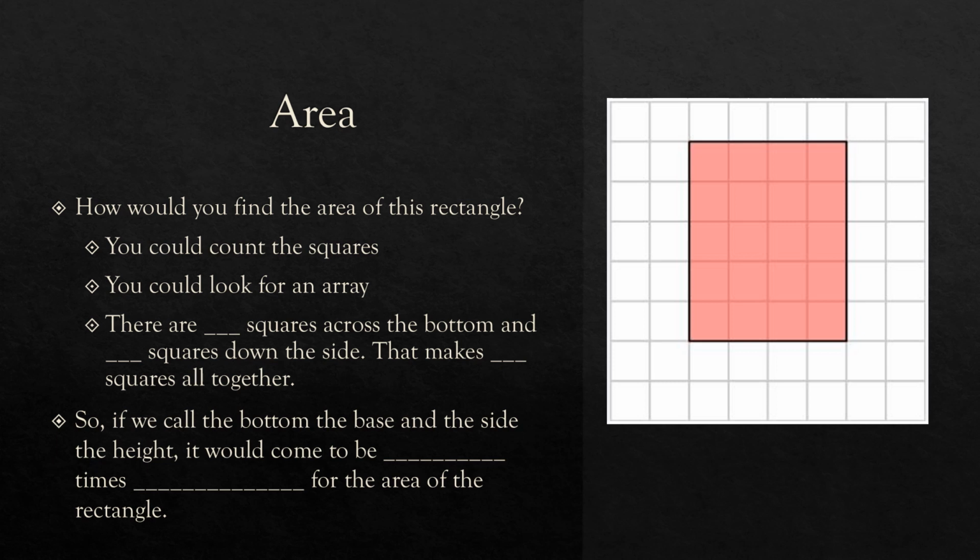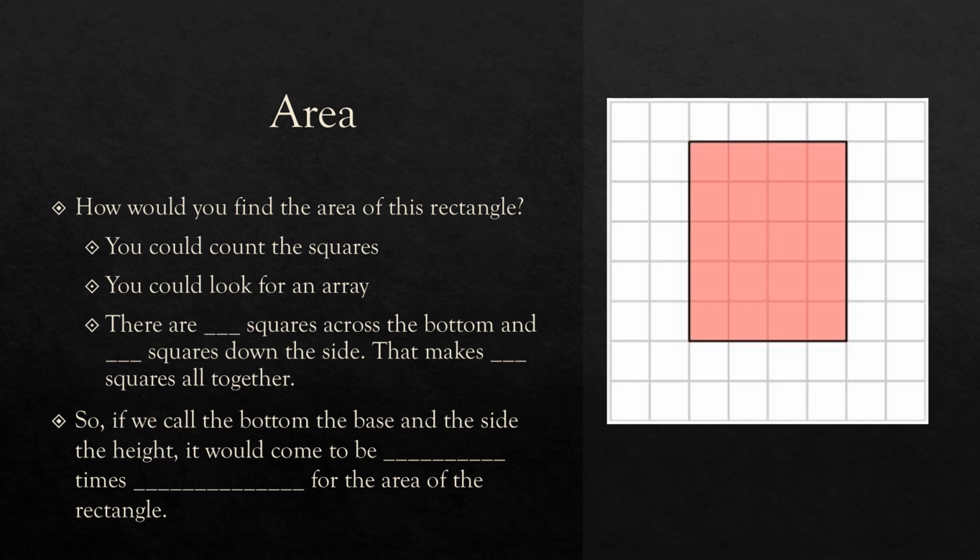How would you find the area of this rectangle? You could count the squares, 1, 2, 3, 4, 5, 6, 7, 8, etc. Or you could look for an array. When we learned multiplication, we learned that it might be that we have 5 rows of 4 in each row. So we have 5 times 4.